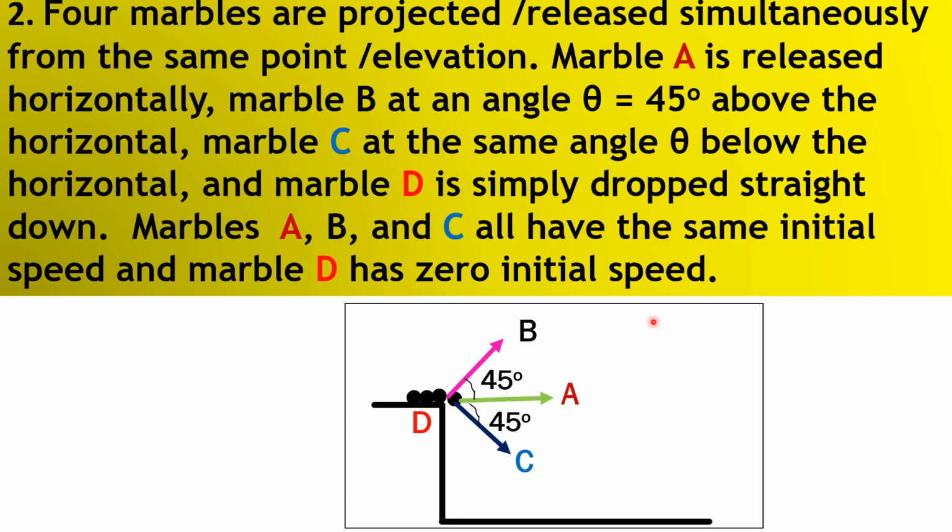For example, if the initial speed of A is 10 meters per second, that is also the speed for marble B, 10 meters per second. Similarly for marble C, that's also 10 meters per second. The only difference is that their initial directions are different.